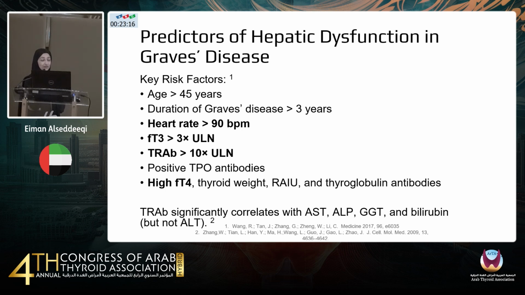TRAB is very important here. In ours, it was almost 9 fold the upper limit of normal. So if you have a very high TRAB, that predicts severity of Graves' disease and the severity of hepatic dysfunction. High free T4 as well goes along with the severity of Graves' disease.